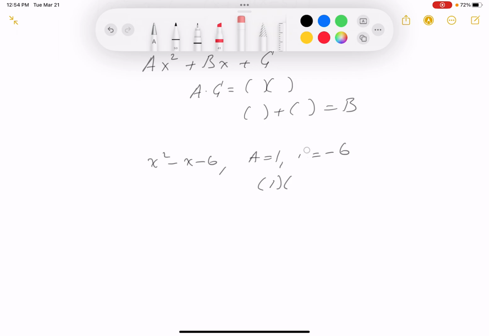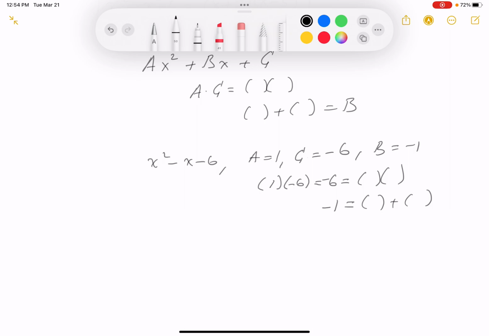The B is not minus 6, it's the C. So A times C is minus 6. So I need to find two numbers that multiply to minus 6, and they sum to the B. What's the B going to be? Minus 1. All right? So let me write this over here. The B is minus 1. So I need to find two numbers now that multiply to minus 6 and add to minus 1.